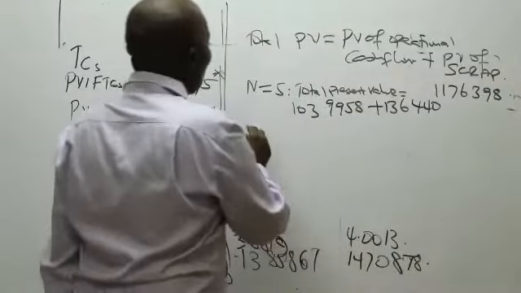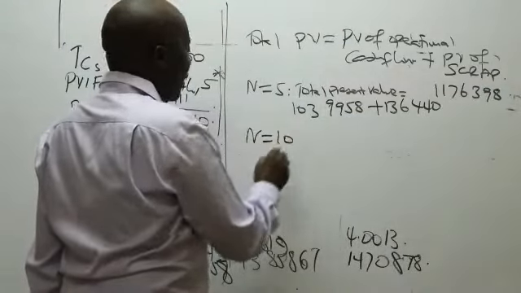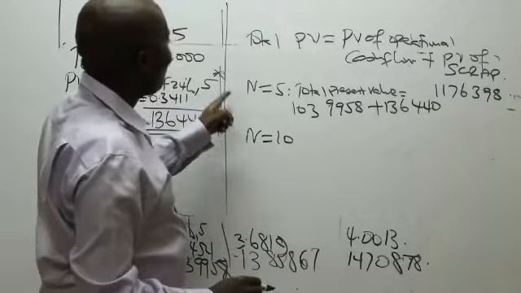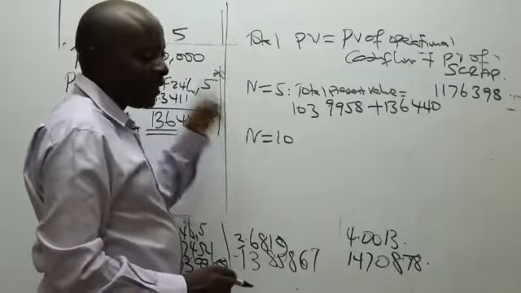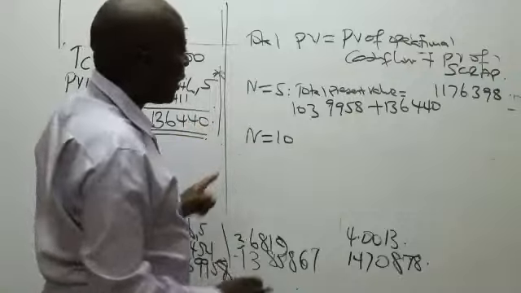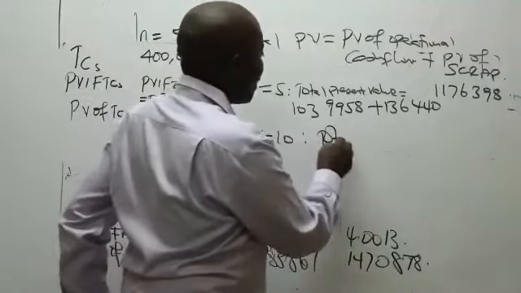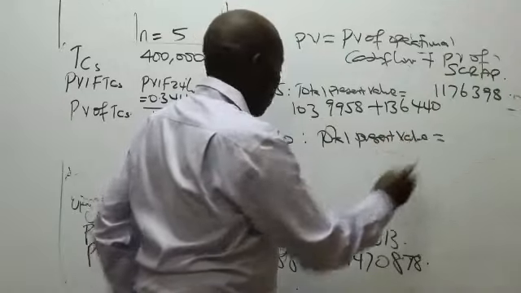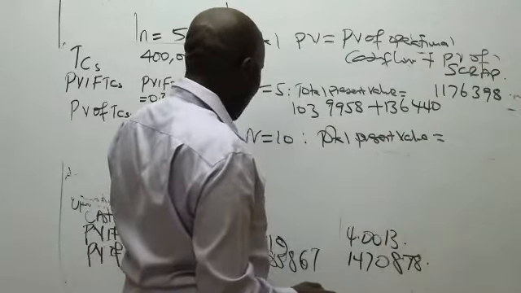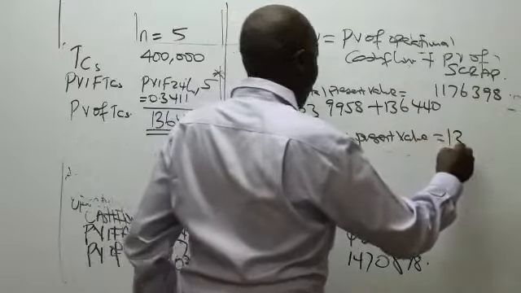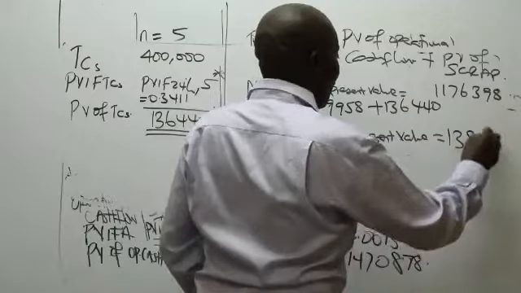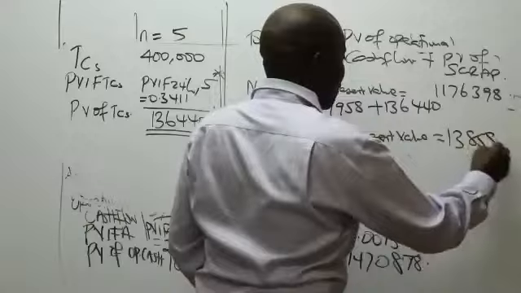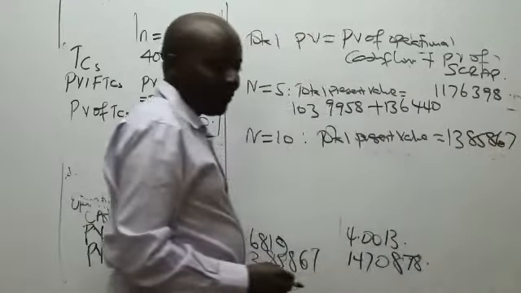How about the total present value when N is 10? When N is 10, fortunately, we know that we don't have scrap. The total present value remains just this that we had down here, 1,385,867.